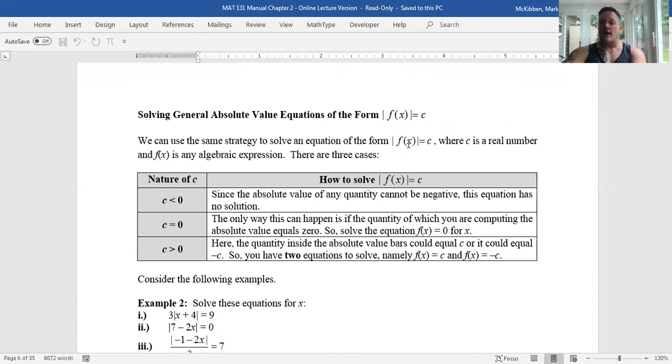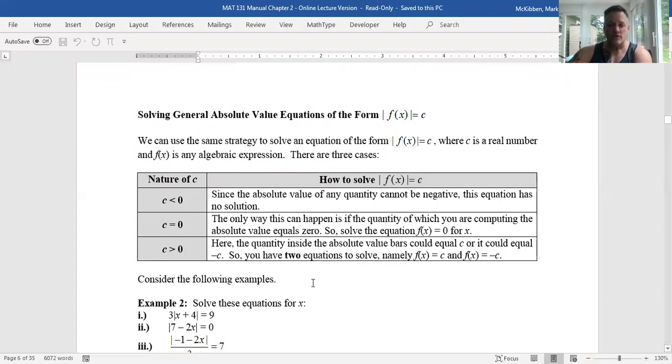Once you get rid of the absolute value, you can solve it using what you already know. And if c is positive, that's where there's more work involved. Then you have two equations that have to be satisfied, namely the inside equal to the number and the inside equal to the negative of that number. You solve those two independently of each other.